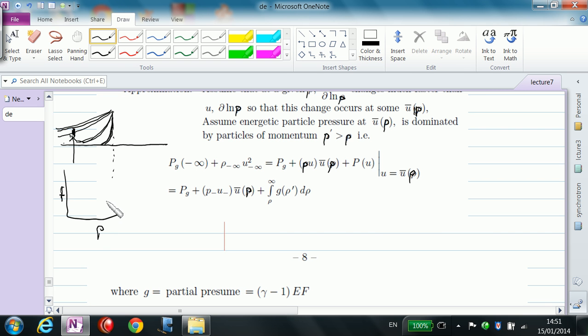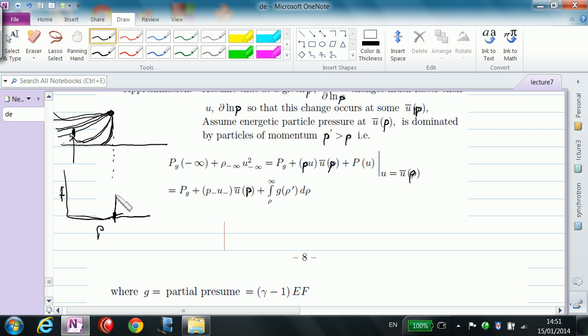F is a function of momentum. So let's say at a given momentum, all particles at low momentum have basically not contributing. So we just count them to be zero. And all particles at higher momentum have their value, let's say, not much different from what it was at the shock.